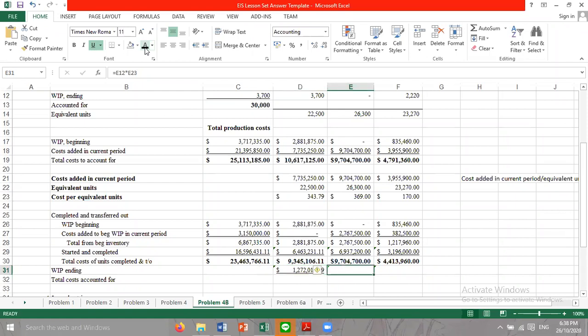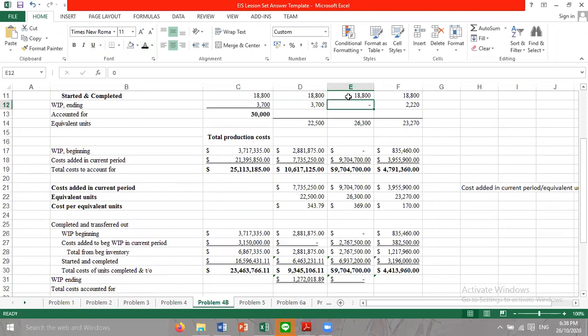Same principle: since the equivalent units of direct material is 0, because we haven't added any direct materials to work in process ending, the cost is of course 0 as well. Last one, we get 377,400 from $170 per equivalent unit times 2,220 equivalent units. We'll have a total sum of 1,649,418.89.